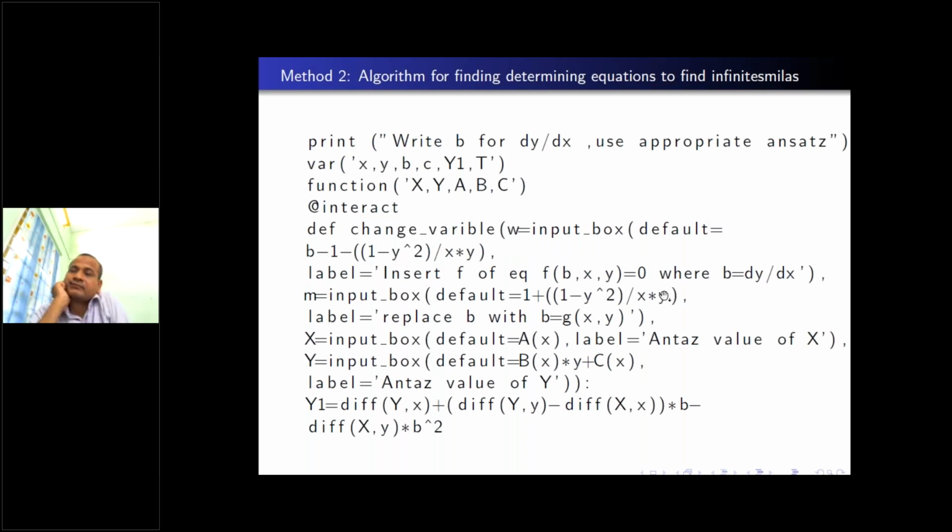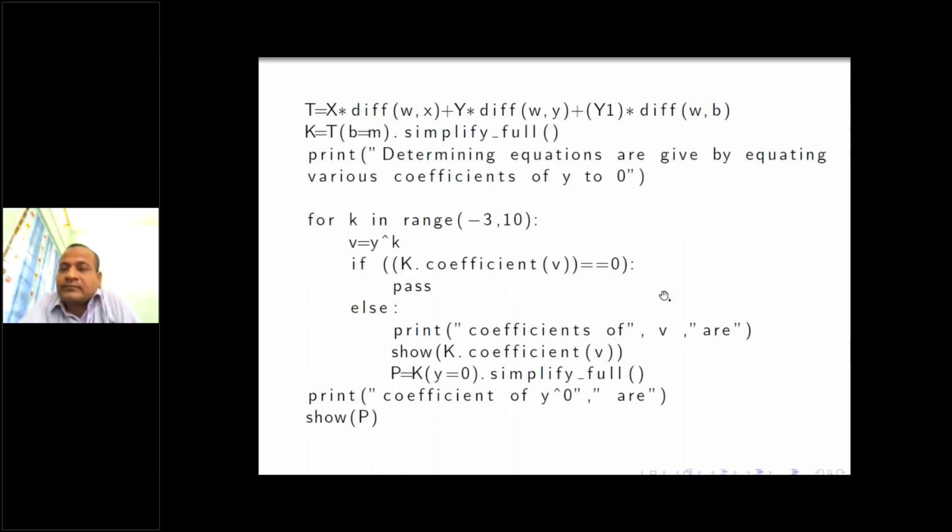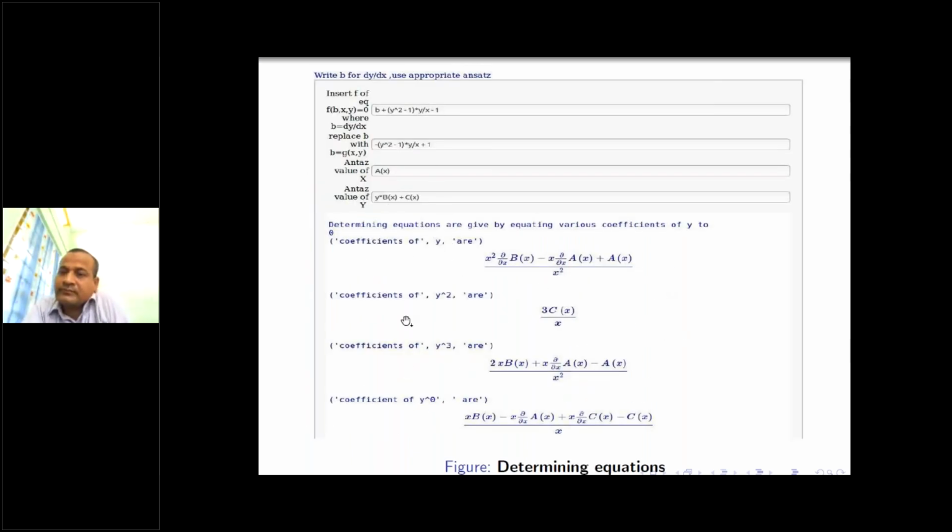In this case, when we give the inputs, we get the determining equation. In this particular case, we equate the coefficients of y squared, y cubed, and y to the power 0 to zero, and we get the determining equation.